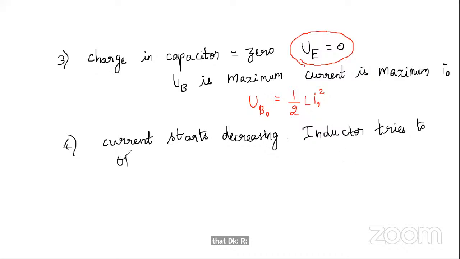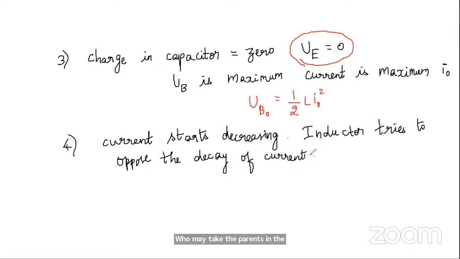The inductor tries to oppose the decay of current and it supplies its own energy to maintain the current in the circuit.